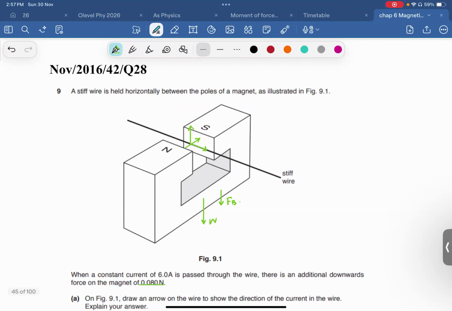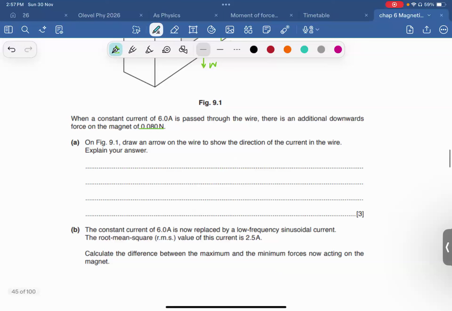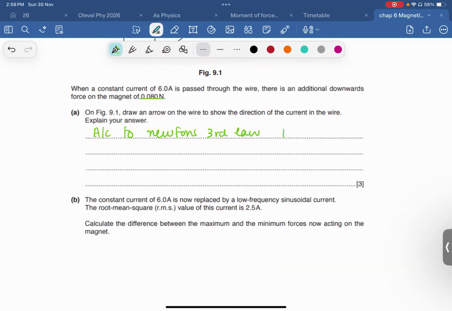So we can say that according to Newton's third law, the force on the wire will be upward.